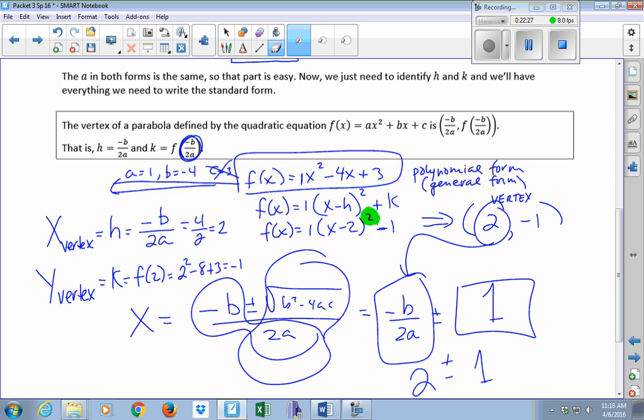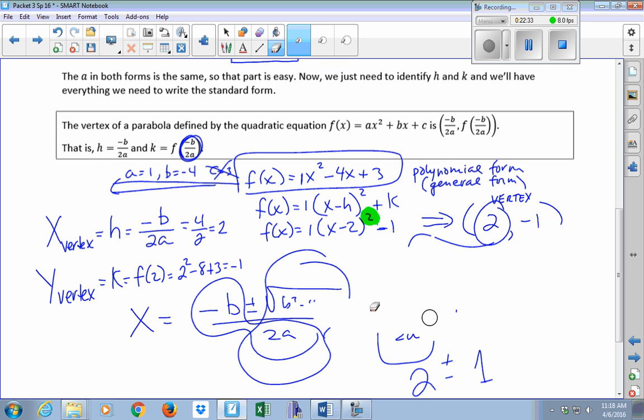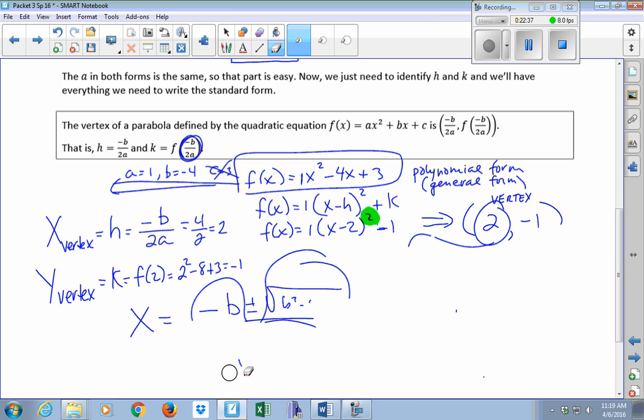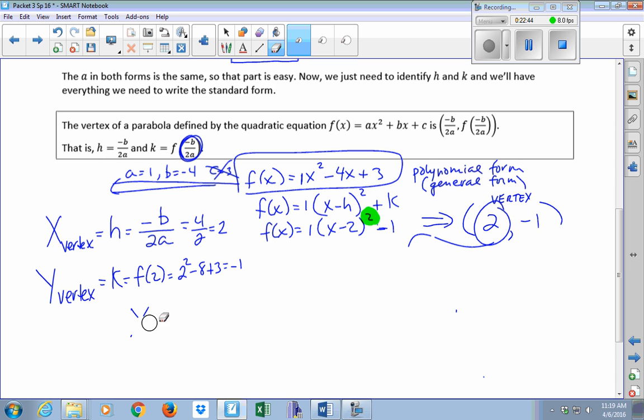How do I find k? Okay. Well, how I find the y value for anything is to plug in x and solve for y, right? It's just now called function notation, right?